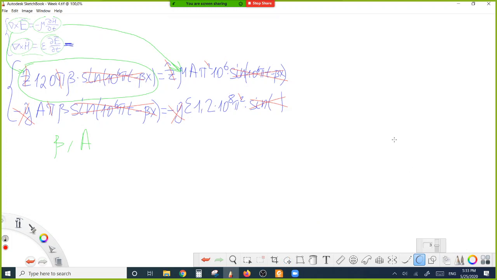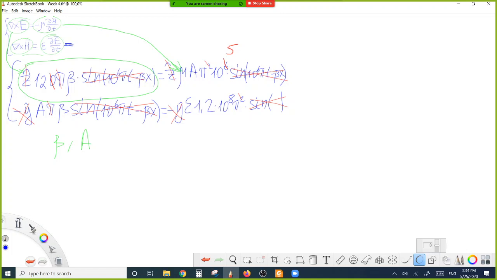Now what we have: also we can simplify 10 with this, and here we will have 5, or we may not simplify, it doesn't matter.